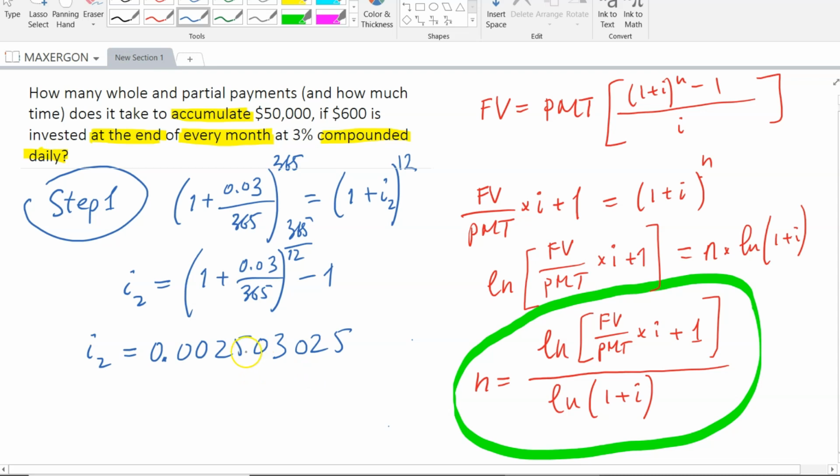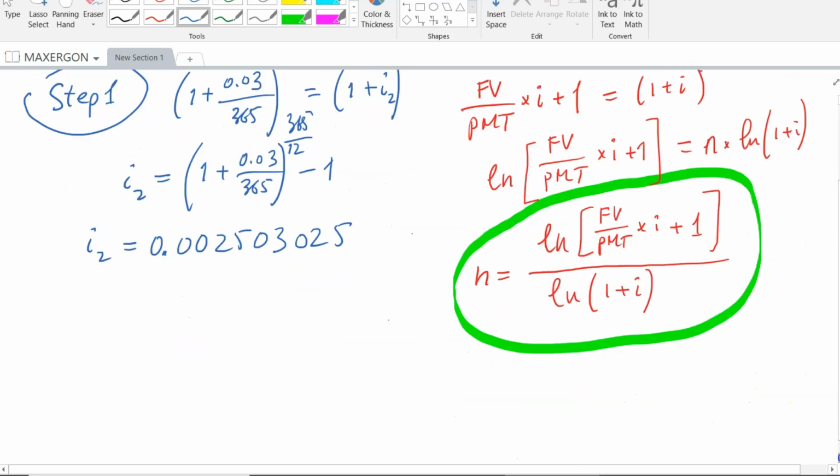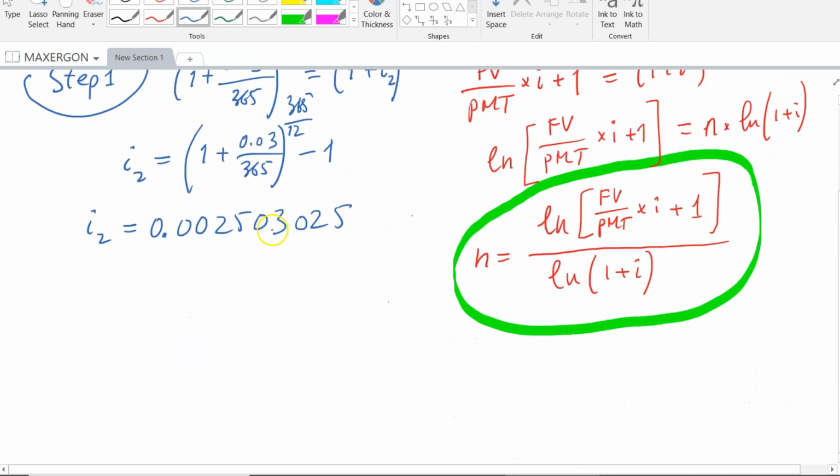We need to make sure that we keep this I2 in the memory of the calculator in order not to type so many digits again. So now we are ready to go to step 2 of the process and find this n.